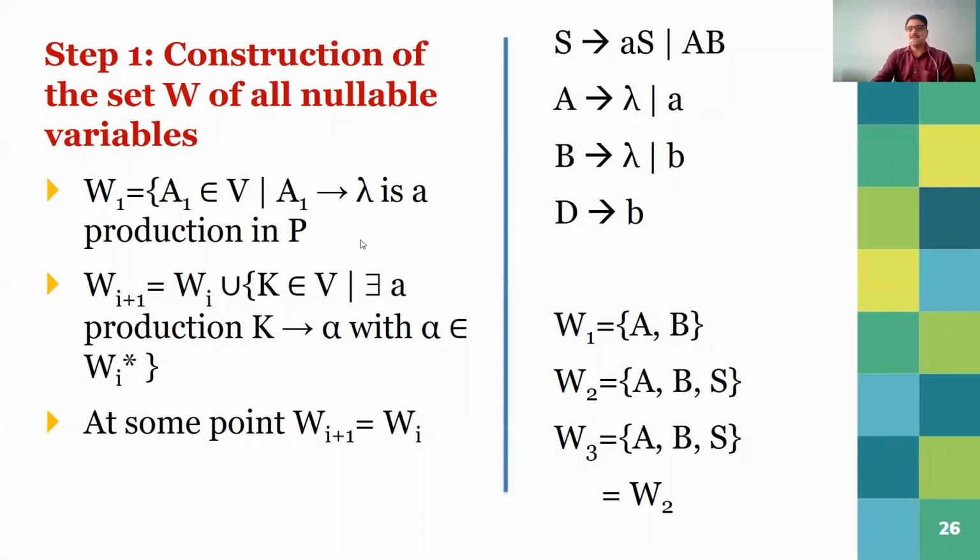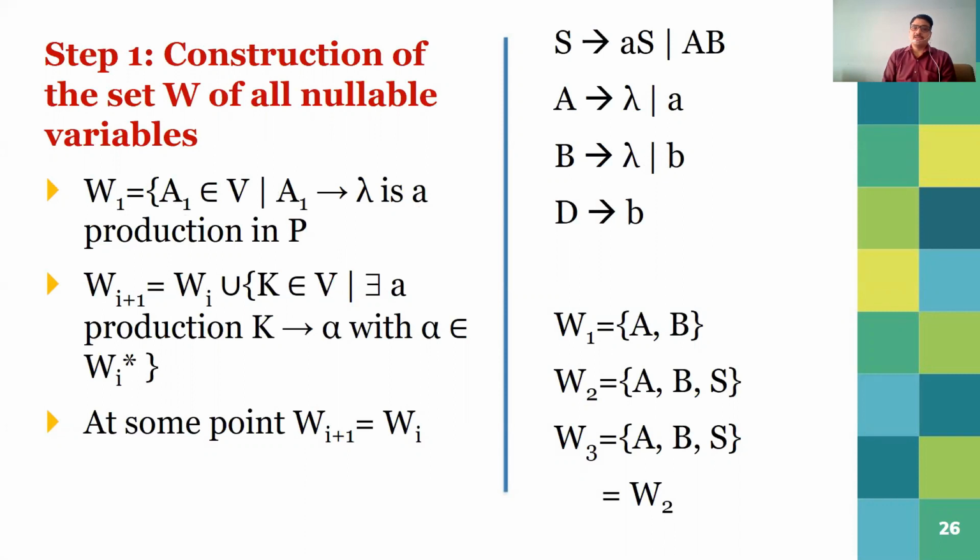So W1 is equal to A1, which belongs to the variables, where A1 to null, meaning we just write all the variables that are producing null. So W1 is just the collection of all the variables that are producing null.